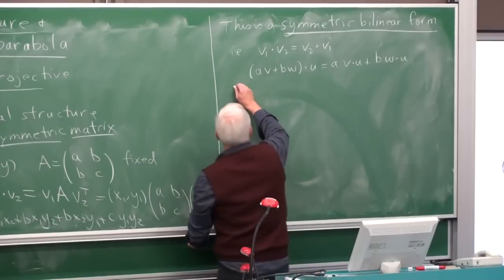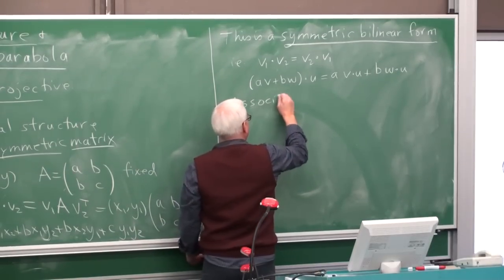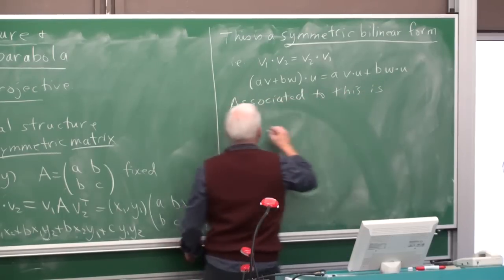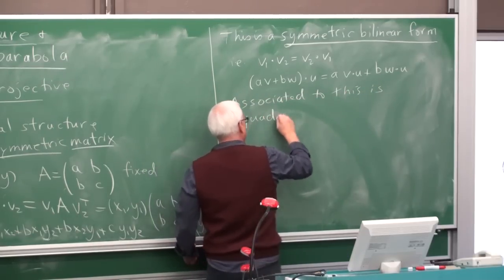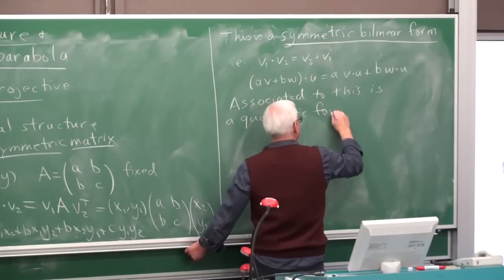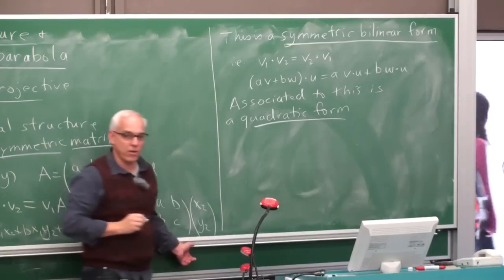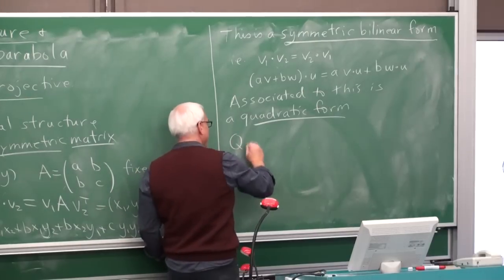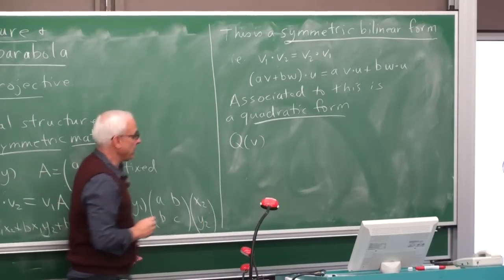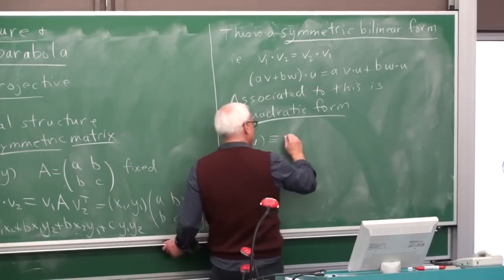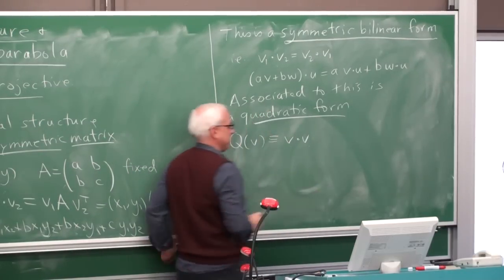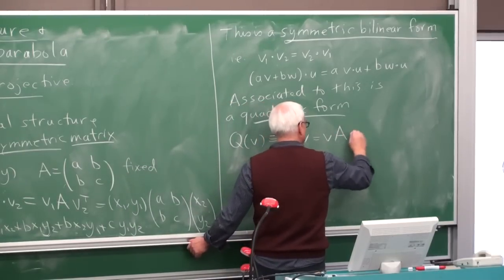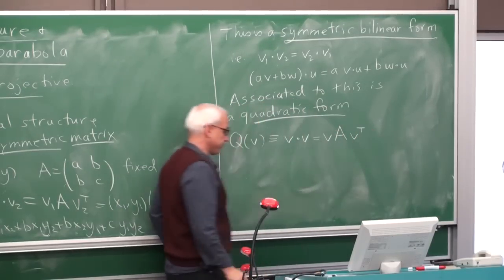Associated to this bilinear form is a quadratic form, where we're letting V1 and V2 be equal. So we'll write that as Q simply of a single vector V, and that's by definition V dot V, or in terms of our matrix, V times A times V transpose.